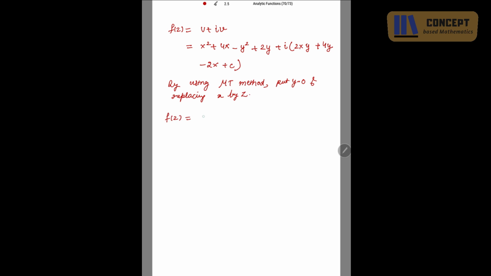So f of z is equal to z square plus 4z, this is 0, this is 0, this is 0, this is 0. So this is minus iota 2 iota z plus iota c. So this is z square plus 4z minus, taking iota outside, iota times 2z minus c. So this is your required analytic function.